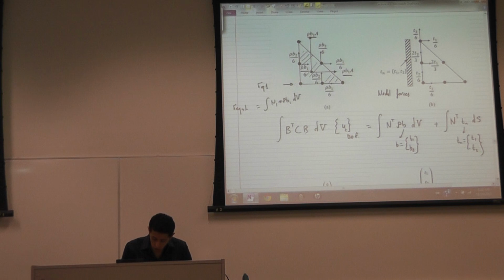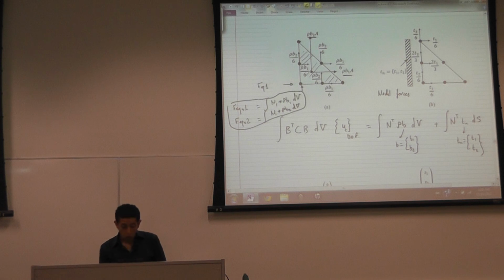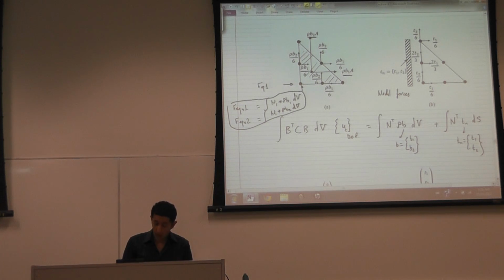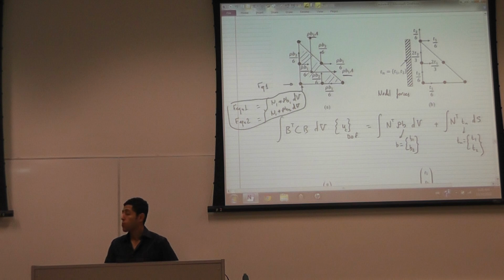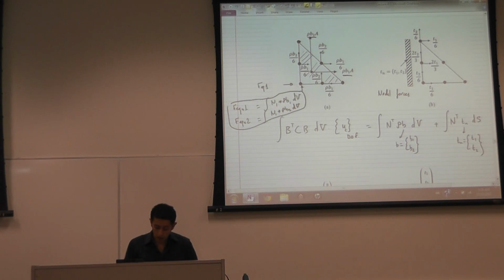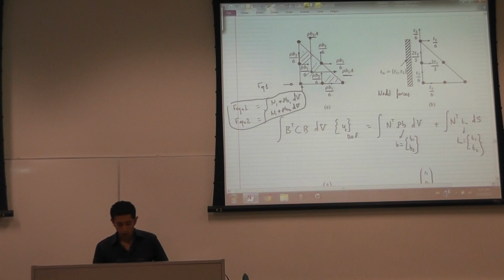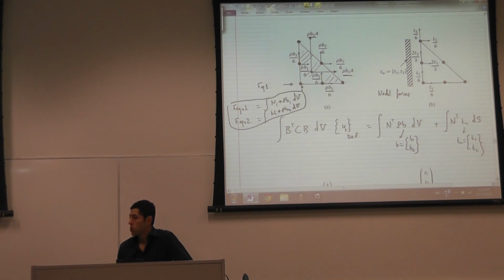The vertical force, F equivalent 2, will be equal to the integral of N1, sorry, it's still N1, multiplied by rho B2 integrated over the volume. And so the force at each node is the integral of the shape function of this node multiplied by rho B1 or rho B2, depending on if I'm looking at the vertical or the horizontal component.